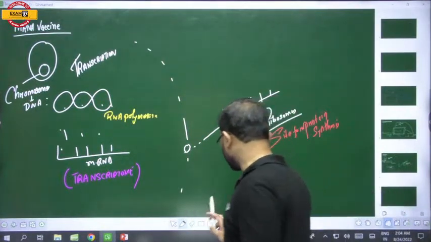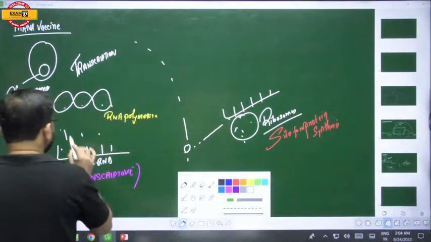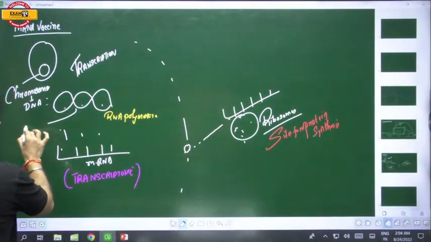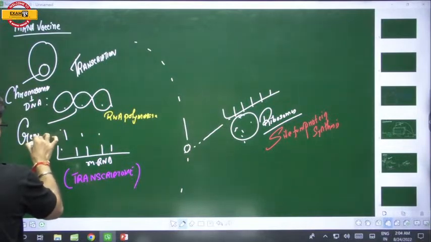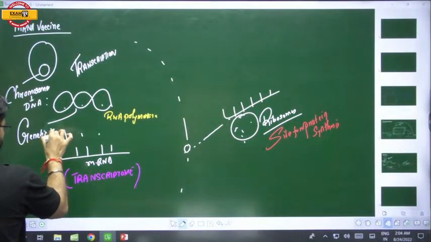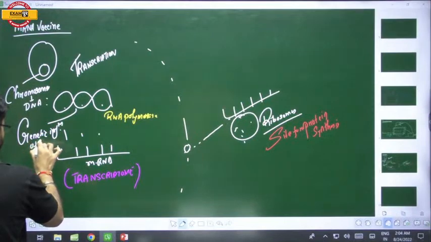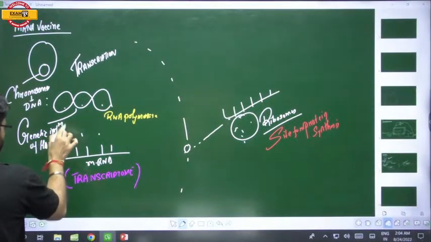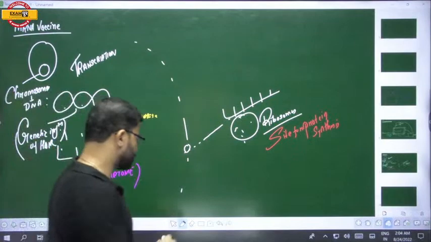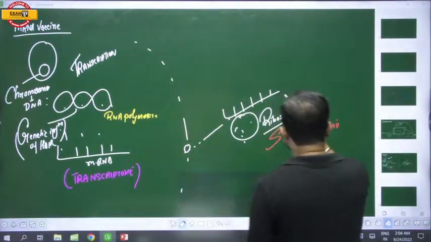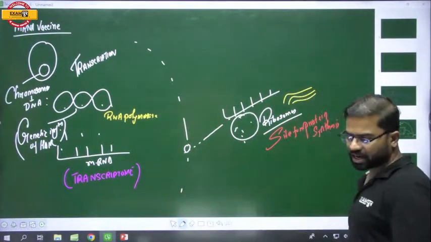Suppose यहाँ पे when you talk about genetic information of hair, ठीक है ना. So now you can see that the protein यहाँ पे बनेगा, वो आपका hair बनेगा.